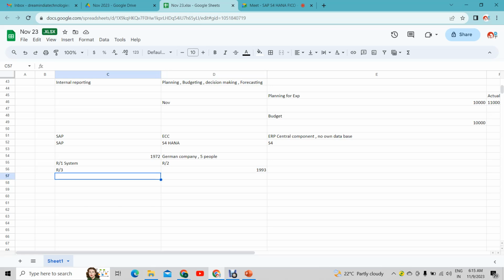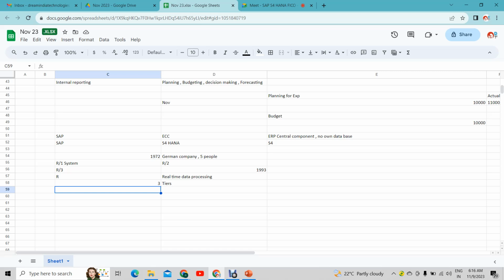So if I ask somebody, what does the R stand for? Real time data processing, right? What is the meaning of the three? Three tiers, right? What are the three tiers?